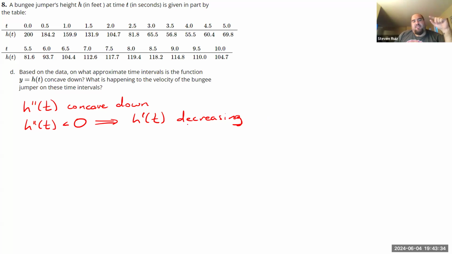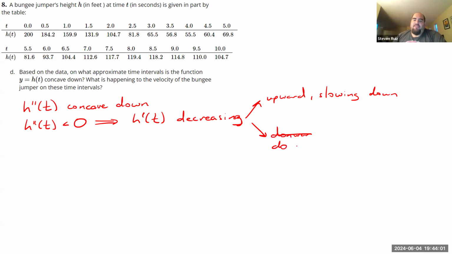Let's first consider the bungee jumper going upward. If he's going upward and his velocity is decreasing, that means he's slowing down. So that's one thing we'll look at here: upward, but slowing down. What if instead the bungee jumper is going downward?